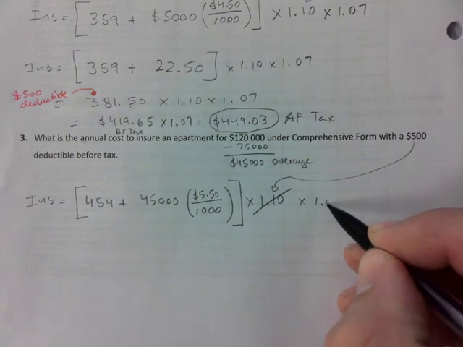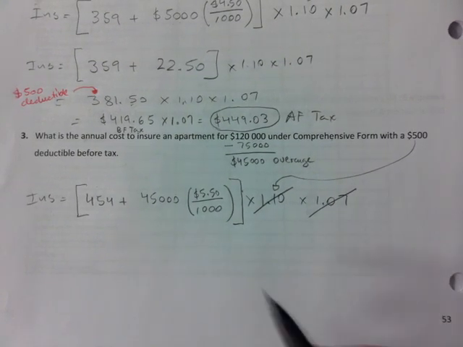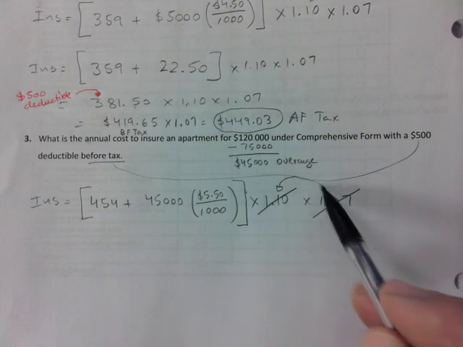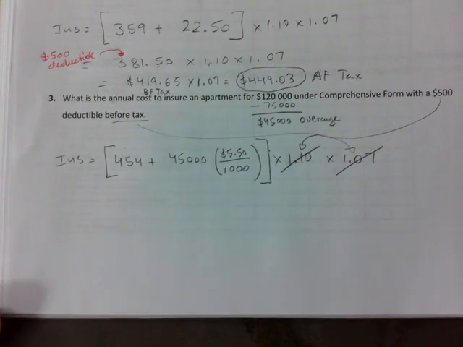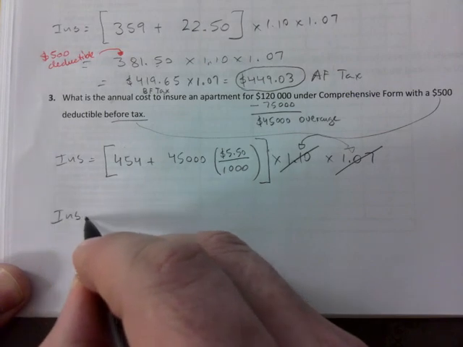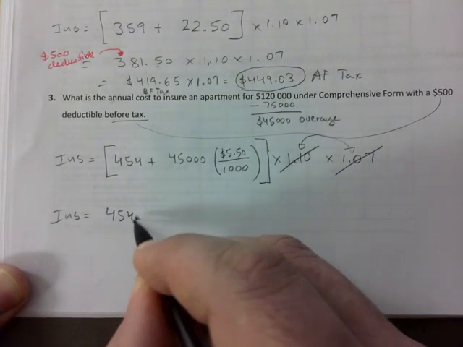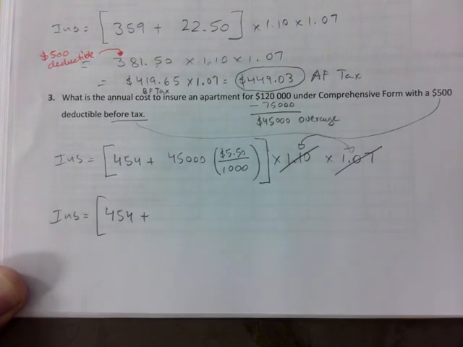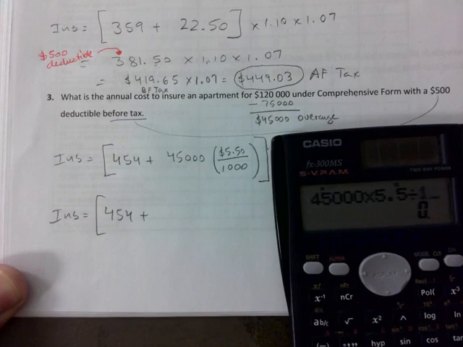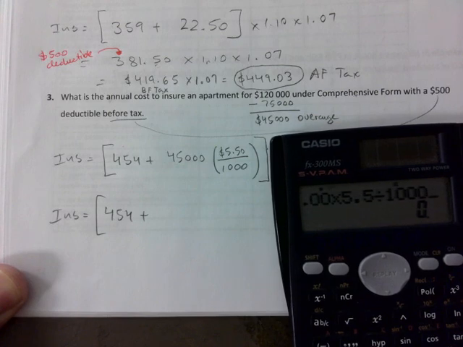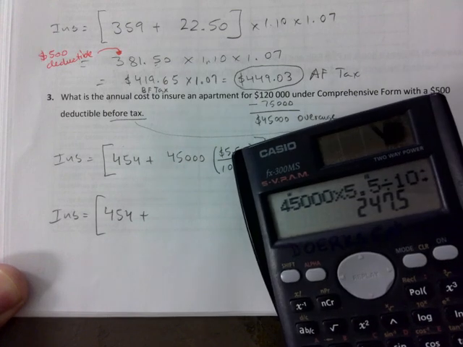So this is also gone. Before tax gets rid of that 0.07. So it actually is a bit less work. Yay, less work. Okay? 454 plus, I'm going to keep the square brackets there. 45,000 times 550 divided by 1,000. Oops, no brackets. Yeah. 247.50.